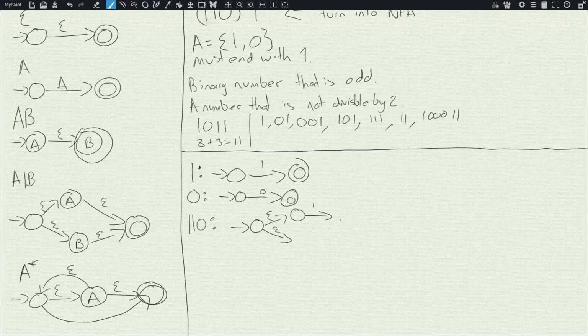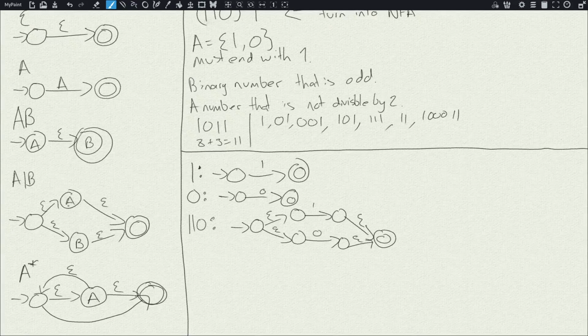It goes 1, then it will have to join back. 0. And epsilon finishing. So we're just using this pattern.